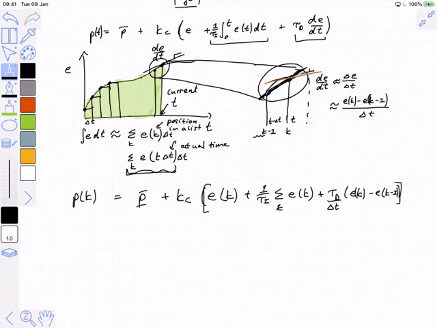And so what you can do is you can write out that exact same expression for the previous time step. Right? And so what you'd end up with is P bar plus Kc E, but this E would be e_k-1, right? And you'd have the same sum, but this sum would go to k-1.